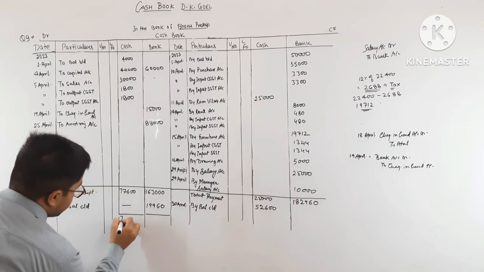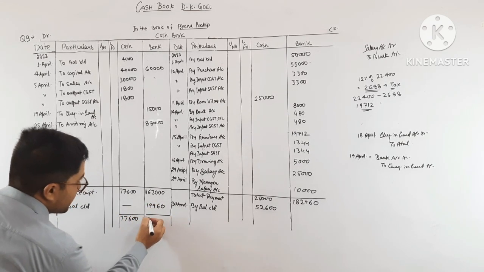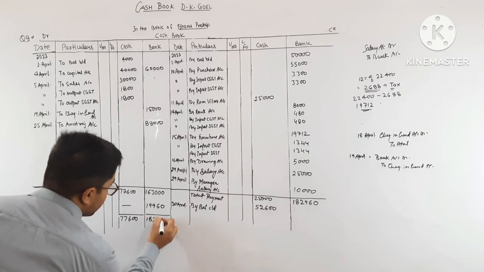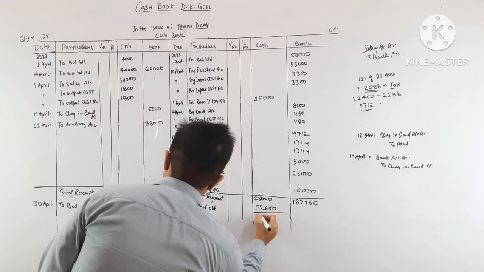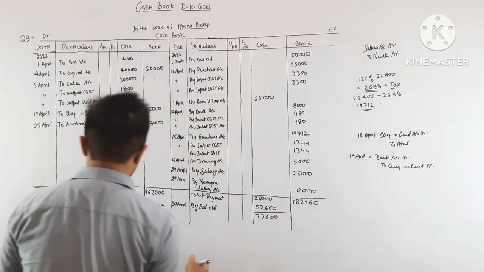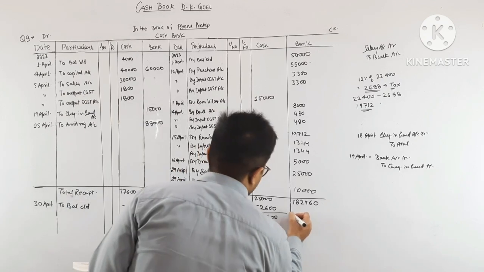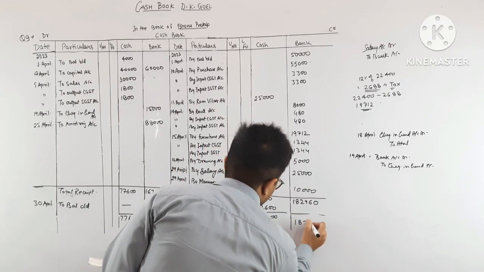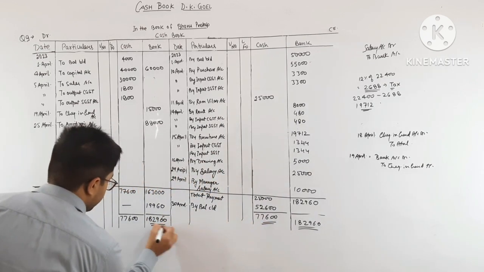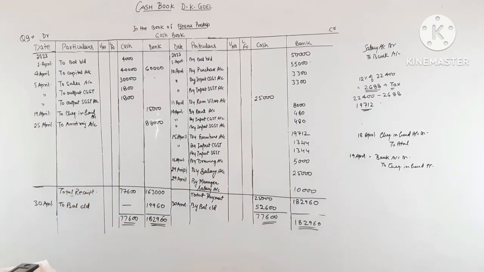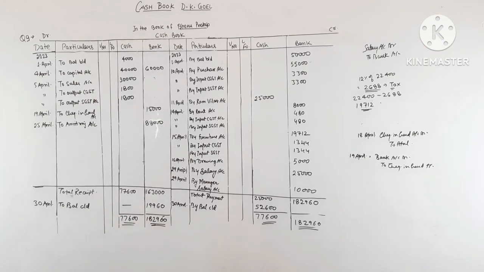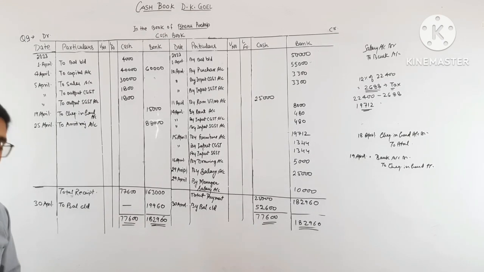And the amount will be 77,600, 1,82,960, and 1,82,960. क्लियर है? अकाउंट क्लोज. ठीक है. सो देयर इज द डेबिट बैलेंस ऑफ द बैंक कॉलम. क्लियर है? अभी बैंक में आपके पैसे कम हैं.